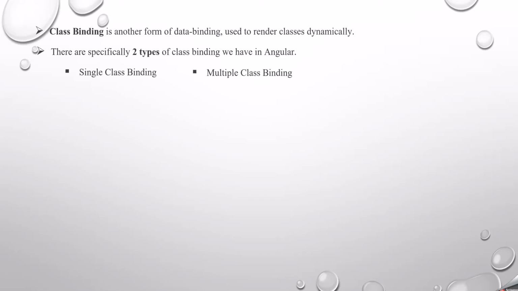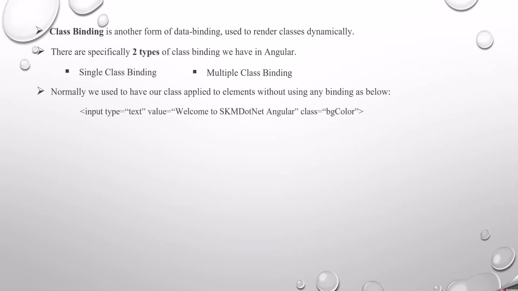You can have an HTML and make use of some classes that are already configured within a style sheet, which has the extension .css. Here in my third row, normally we apply a class to elements without using any binding.